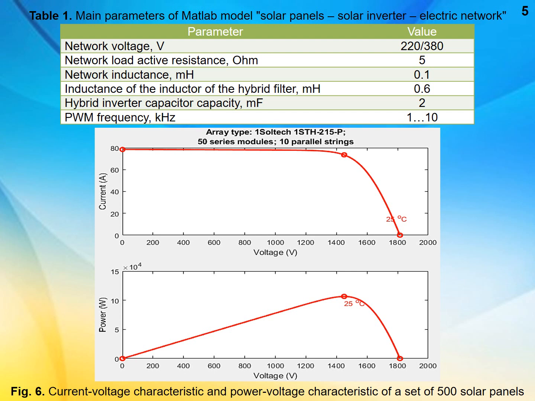The maximum power of a block of 500 solar panels is 106.57 kilowatt, at a solar radiation level of 1000 watt per square meter and at a temperature of 25. The current-voltage characteristic of the set of 500 solar panels simulated in the MATLAB model is shown in figure 6.